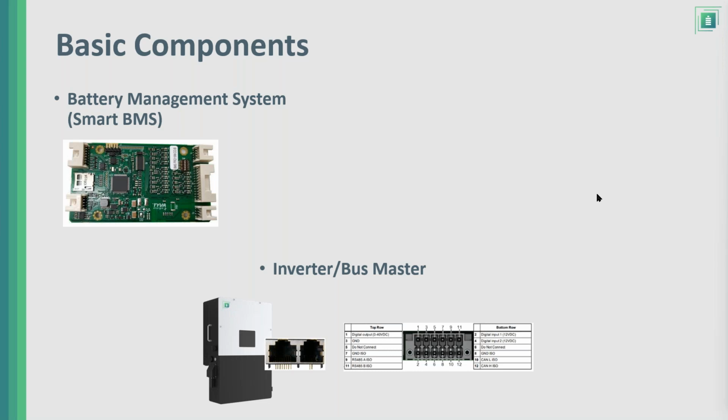This one is actually used with the Schneider Electric inverters, and it will not use the RJ45 connector. You probably have to cut the Cat5 cable and look for the corresponding pins that are required to establish a Modbus communication or a CAN bus communication. So that's on the inverter side.